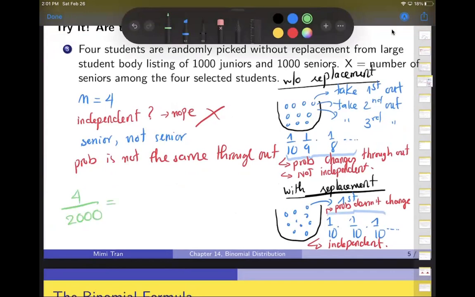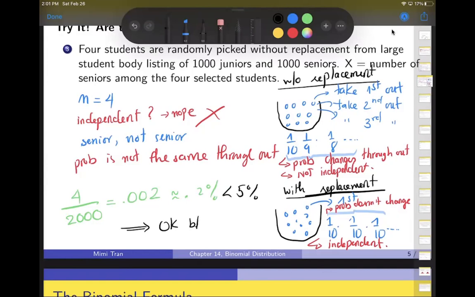Definitely less than 5%. 4 divided by 2,000 is 0.002. So that's 0.2%. Well, definitely less than 5%. So it is okay.